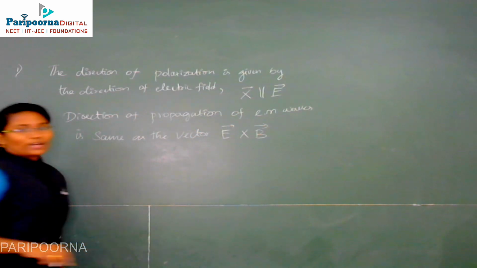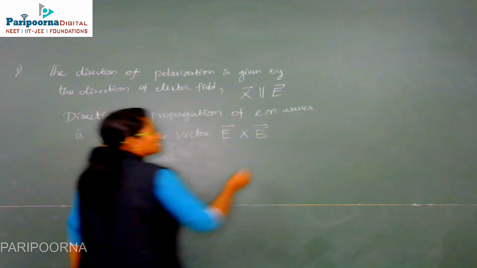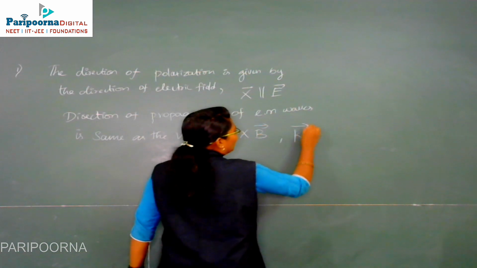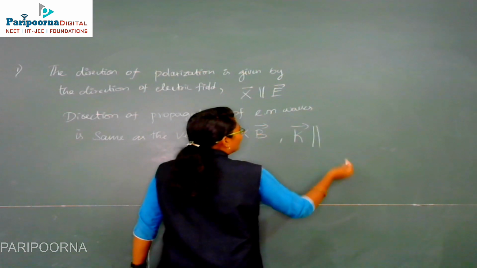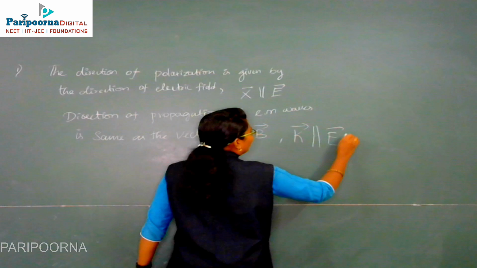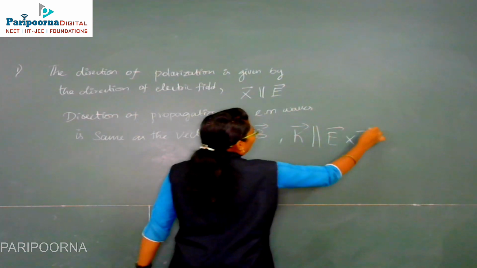So, the direction of propagation of the electromagnetic waves, which they have given as K vector, is parallel to the E vector into B vector.